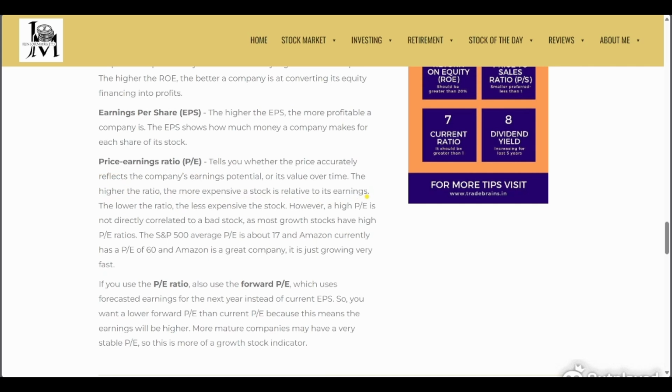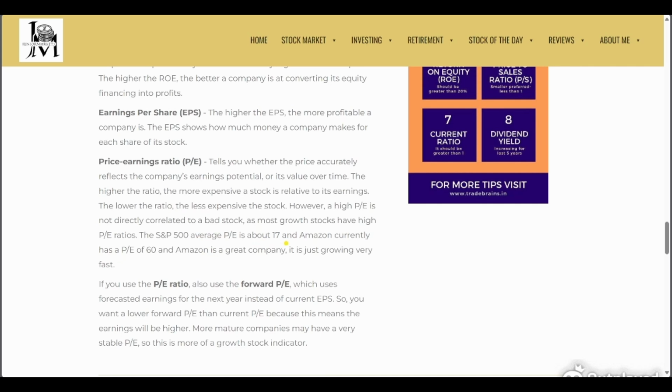This is important because most of the time, beginner investors look at price to earnings ratio first. A high price to earnings ratio means that investors are expecting either very high growth, such as Amazon with a PE of 60, or the company has a lower PE, with the S&P 500 average being about 17.